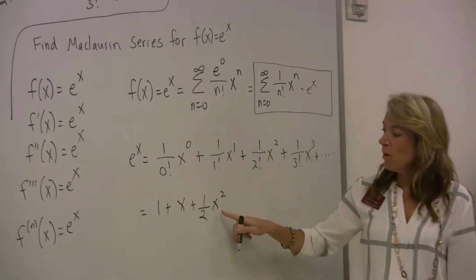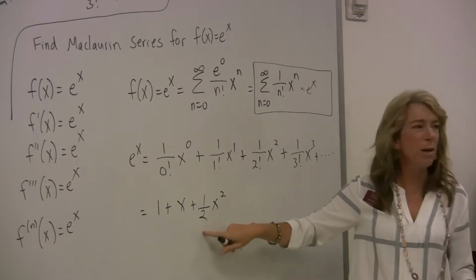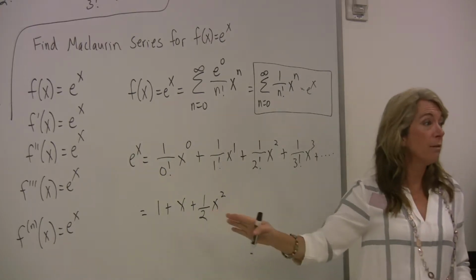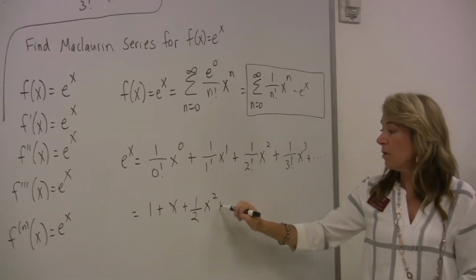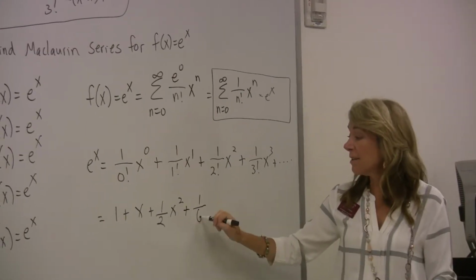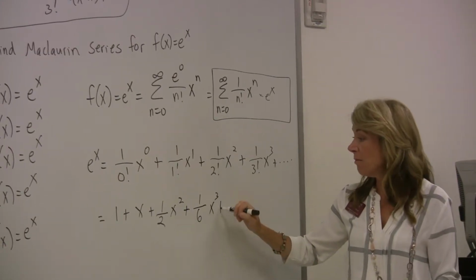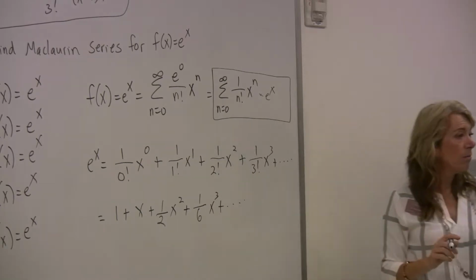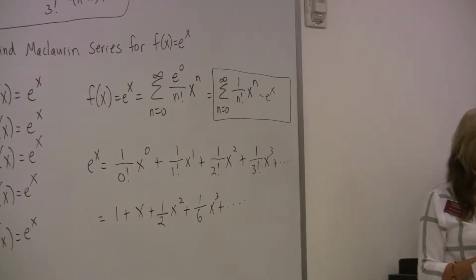So 1/2 x squared. It's not wrong the way you said it, by the way, but we almost always just put the coefficient out in front. And what's 3 factorial? 6. So 1/6 x cubed. So those are the first 4 terms, simplified.